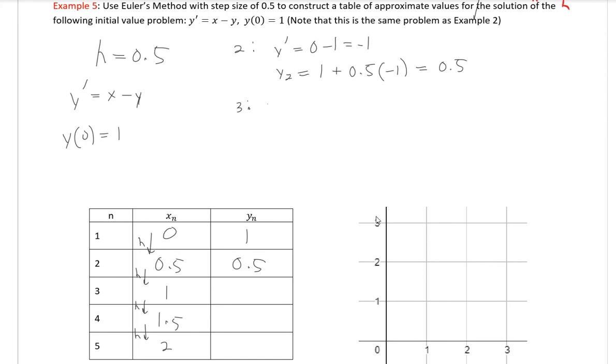The third point, y3, is going to be the previous y coordinate, which is 0.5, plus the step, times the slope, which is defined by x minus y. In this case, x minus y is 0.5 minus 0.5. So that's 0 times 0.5 is 0, plus 0.5 is again 0.5.